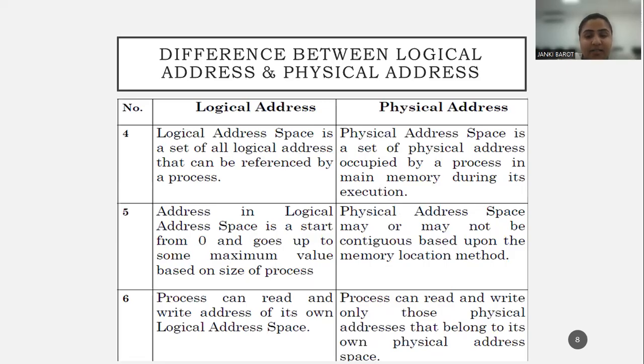Whereas the physical address space may or may not be continuous, based upon the memory allocation method. Why so? Because in physical memory it is not fixed that we need to store the data in a continuous manner, right? When and where some process leaves the address space, we need to reutilize it, so there will be no fixed sequential allocation.